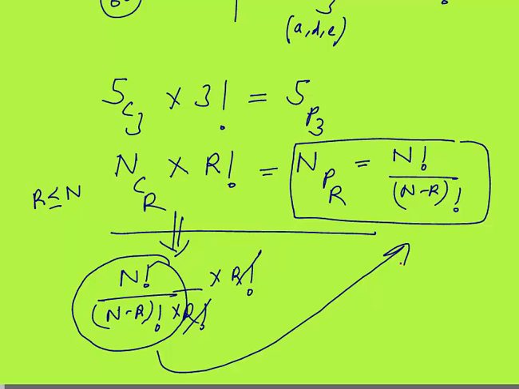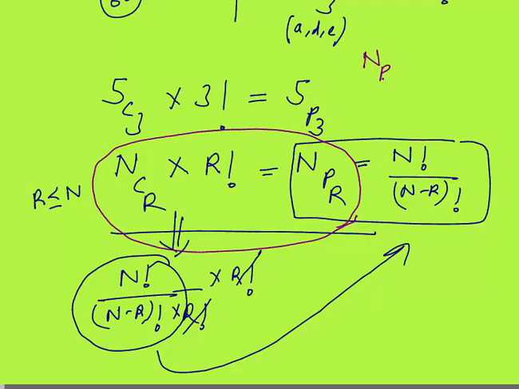Here you will find the relation between permutation and combination. This P means permutation, that is selection and arrangement. This C means only selection. So there you can find the relation, that is nPr, that is permutation of r things out of n different things.